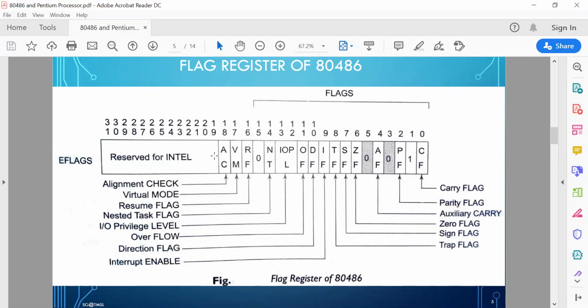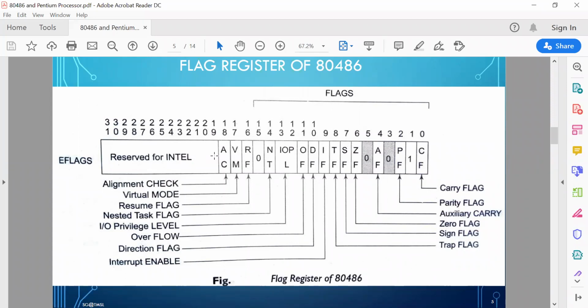Now, to avoid this kind of situation, this alignment flag has to be set to 1, to identify whether there is a misalignment address or not. If you want to access a data byte from an even address or odd address, you must give the base address and the segment limit.